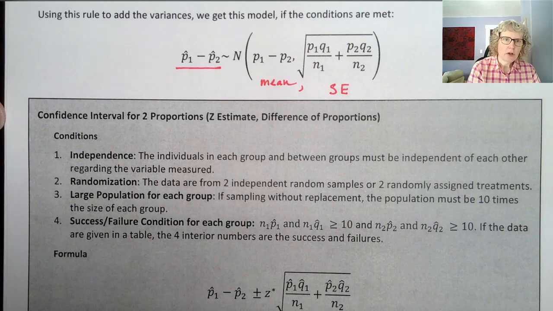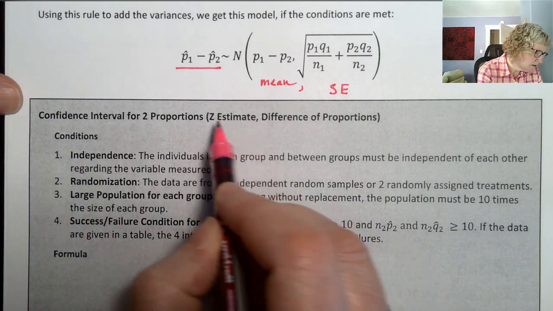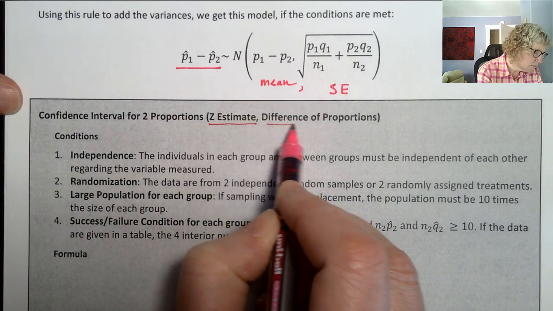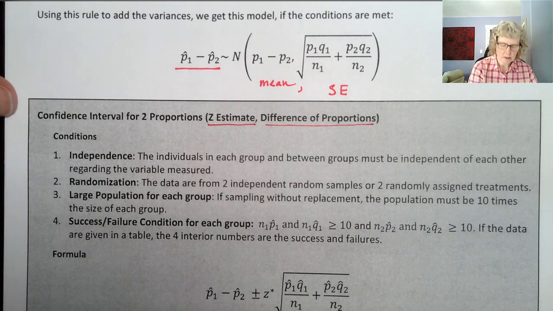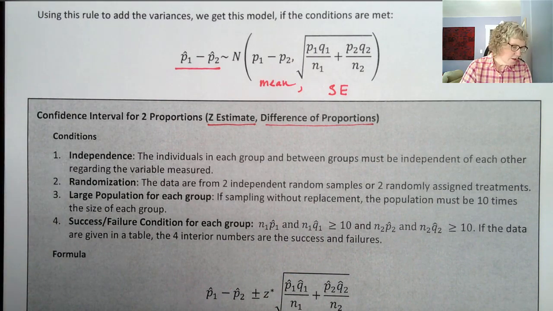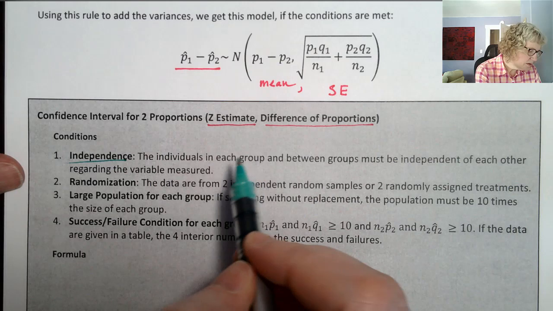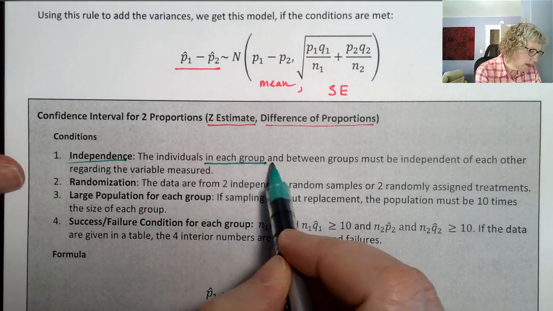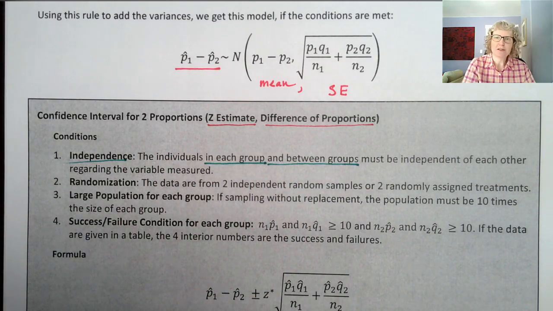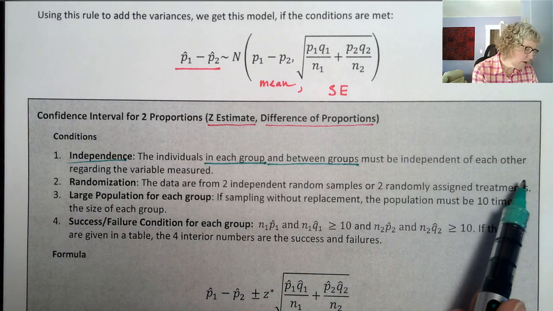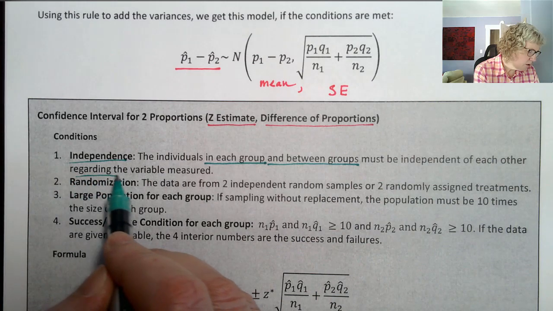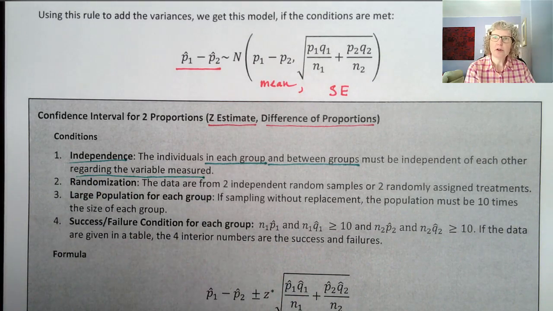Okay, so confidence interval for two proportions, and this is called a z-estimate for a difference of proportions. A lot of these are going to look similar. Independence is the first condition. The individuals in each group and between groups, so that's the difference because we have two groups, must be independent of each other regarding the variable measured, whatever the variable is we're measuring.